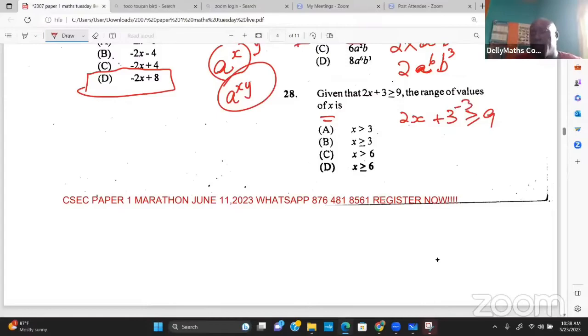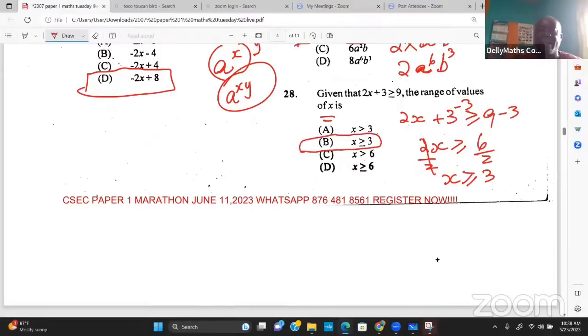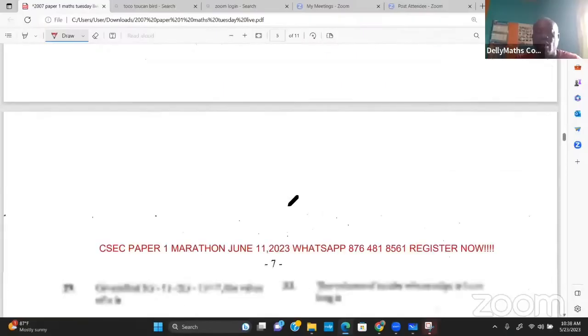So we're going to subtract 3 from both sides. So what do we have? We have 2x, which is greater than or equal to 6. Then we divide by 2, divide by 2, and then you could see that x is greater than or equal to 3. Then you look for your answer. I'm seeing this as my response, and it's right there. All right, so you take your time, you work your thing down, and then you see what's going on.